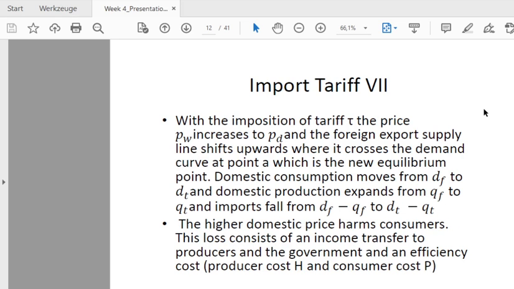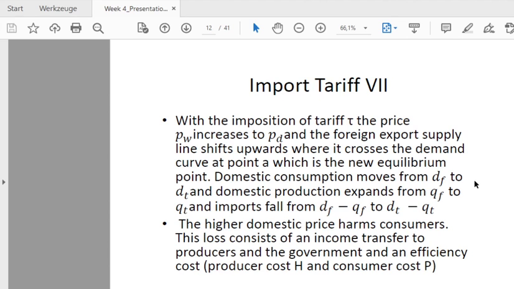With the imposition of a tariff, the price PW increases to PD, and the foreign export supply line shifts upwards, where it crosses the demand curve at point A, which is the new equilibrium point after the introduction of the tariff.